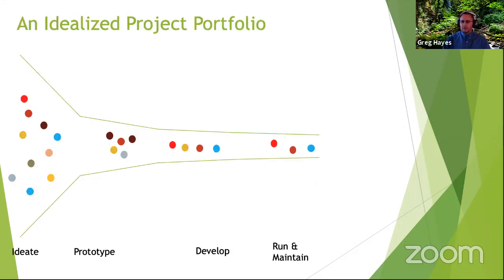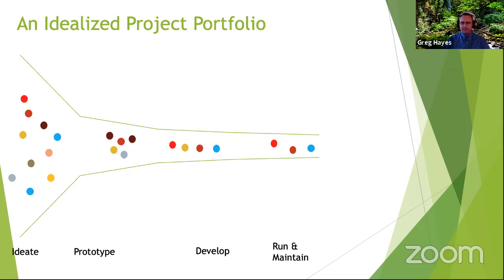And we can think about this problem from a lot of different vantage points, or view it through a lot of different lenses. The one that we're going to look at it through today is that of a portfolio manager. So for those that aren't familiar, portfolio management is kind of a widely adopted practice that large companies use to try and understand and maximize how the investments that they make move from concept to production.